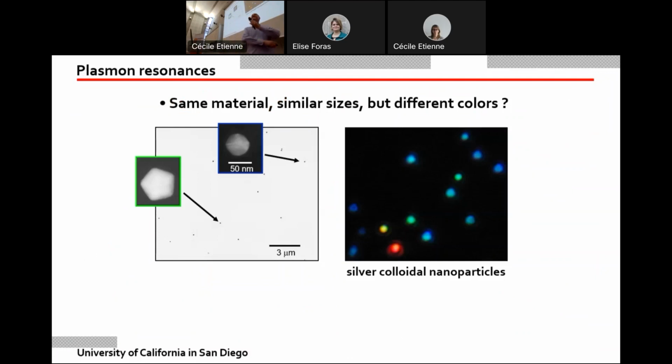Hello, I have just one question on this slide actually. So the different colors you observe here, what is the observation angle? Are they the same? Because you said that it's because of the scattering, right? So it's the same observation angle? It is a dark field image, and here basically this is a dipolar response. So it's going to be fairly independent of the viewing angle, yes.